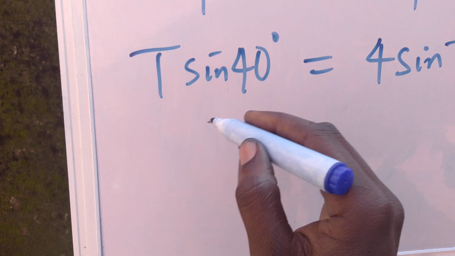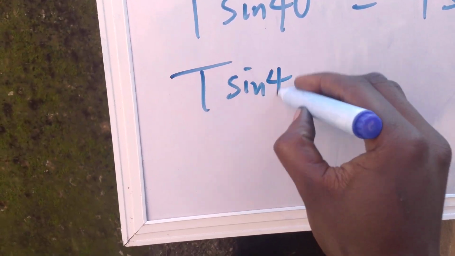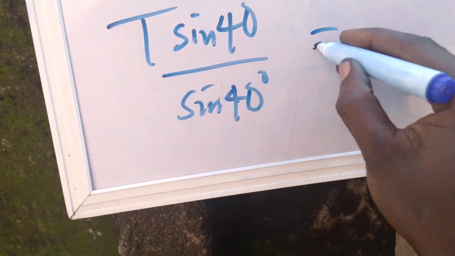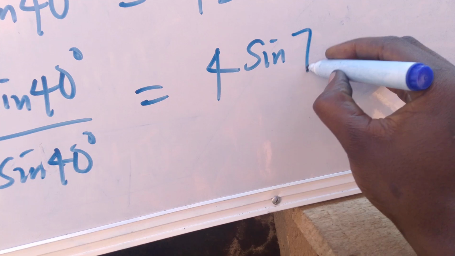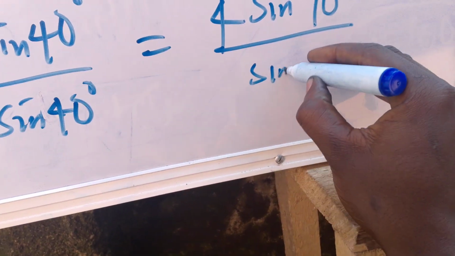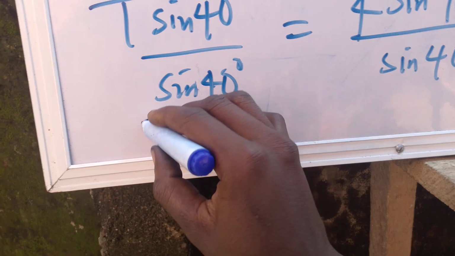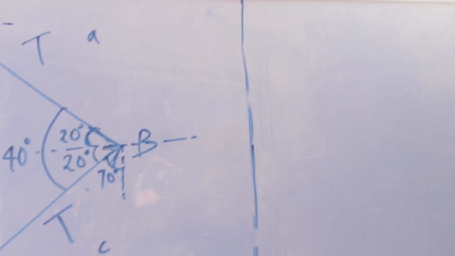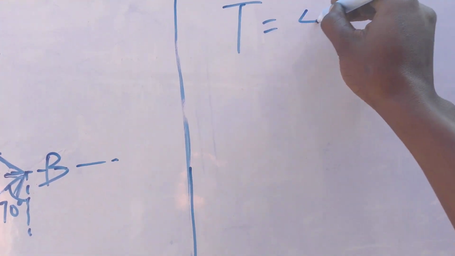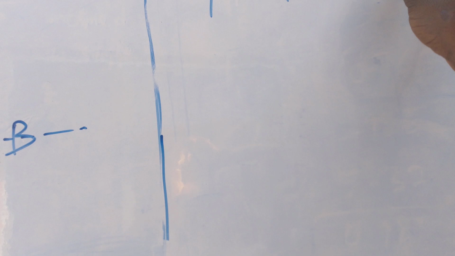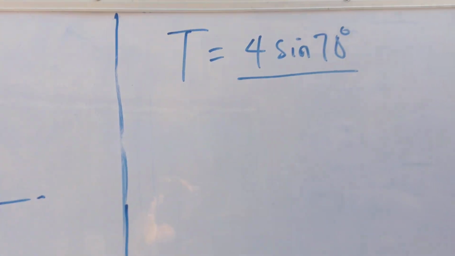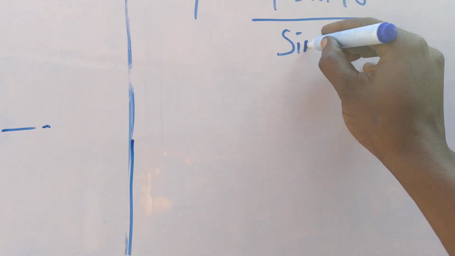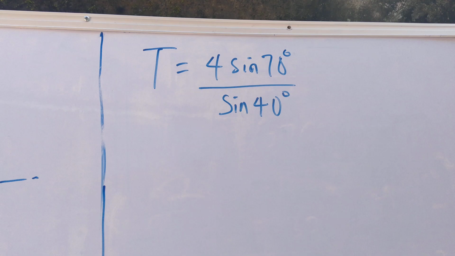Divide by the coefficient of T, sine 40, and we cancel out, so that T equals 4 sine 70 degrees divided by sine 40 degrees.